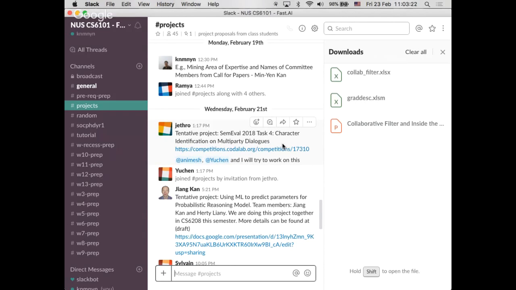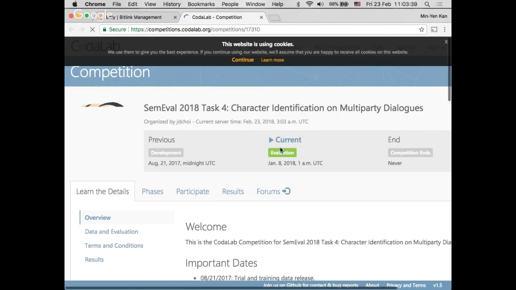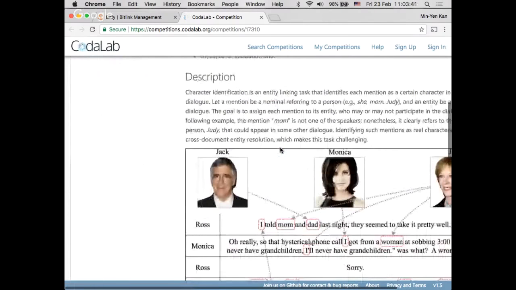Then Jeffro, Animesh, and Yu Chen are going to do something on character identification. You mean like speaker identification? If you click the link, you see the task. It's about identifying which pronouns refer to which characters.